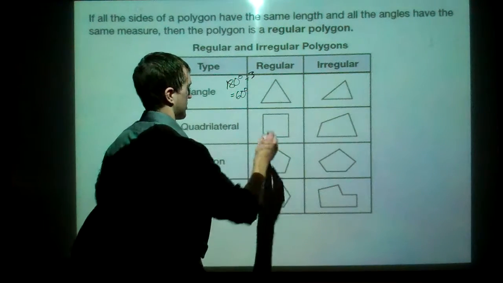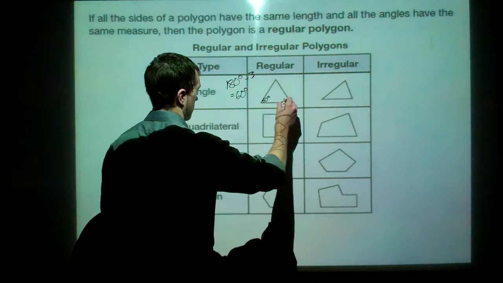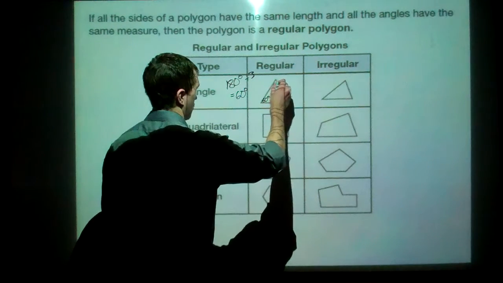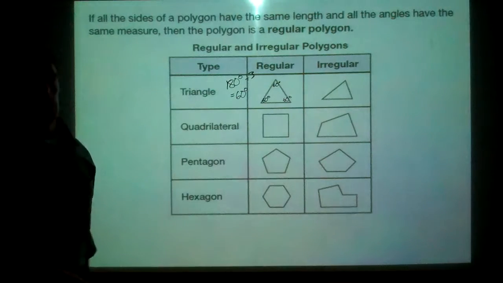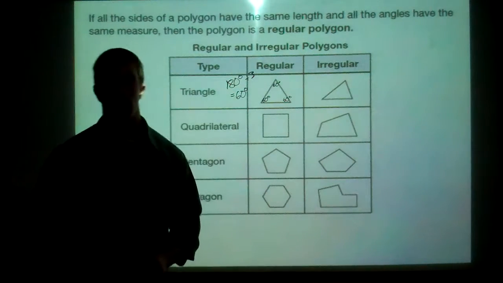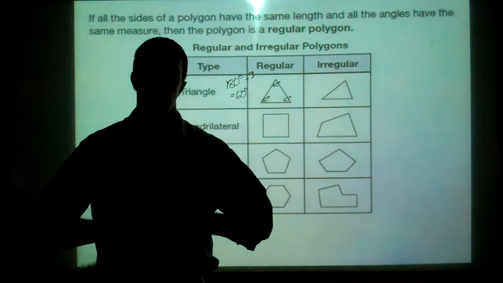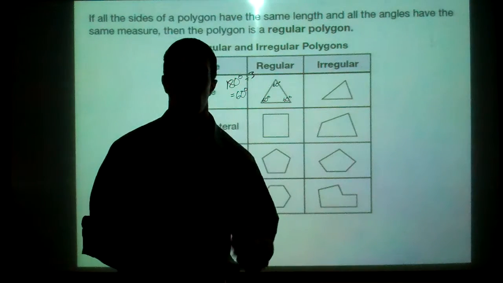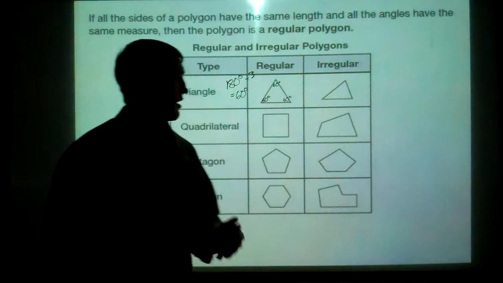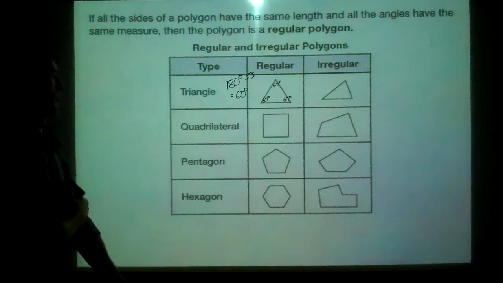I know that each of these is 60 degrees. That triangle becomes very important in the future with geometry and trigonometry, high school math, and actually we might even hit it a little bit this year. Yes, becomes very important.